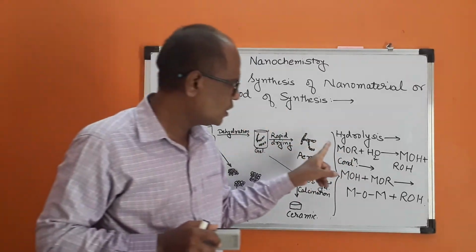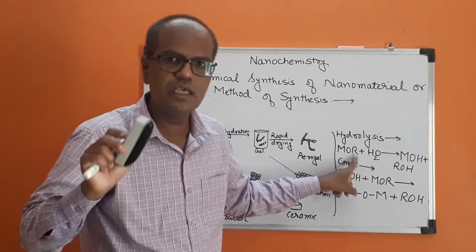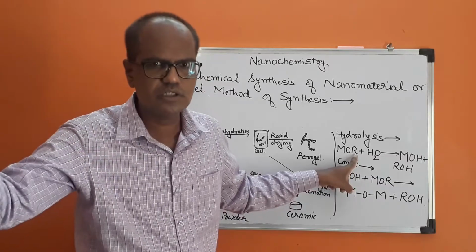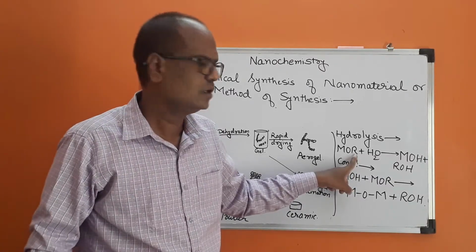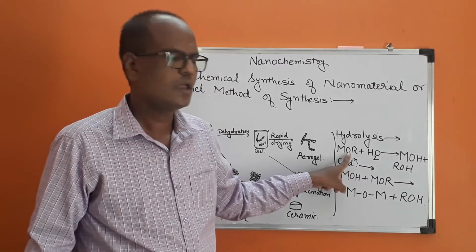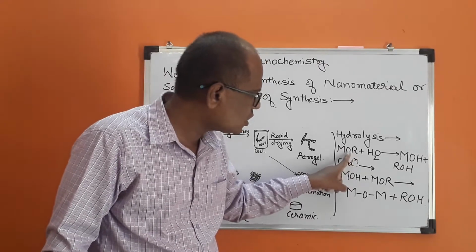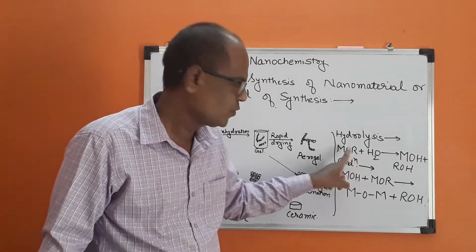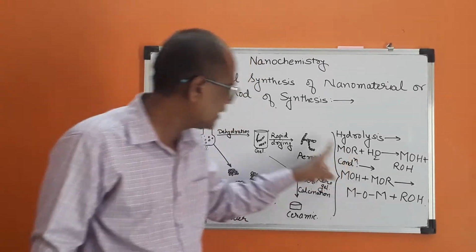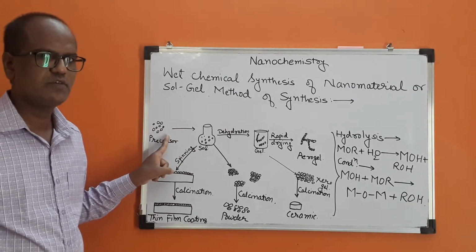Here, M stands for metal, R stands for alkyl group, means CH3 or C2H5 or whatever it is, and O stands for oxygen atom. This is the alkyl group. Metal alkoxide as a precursor we have taken, which is present in the form of solid.